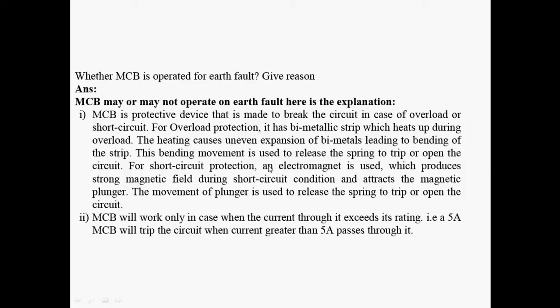For short circuit protection, an electromagnet is used which produces a strong magnetic field during short circuit condition and attracts the magnetic plunger. The movement of the plunger is used to release the spring to trip or open the circuit. The MCB will work only when the current through it exceeds its rating, that is 5 ampere.